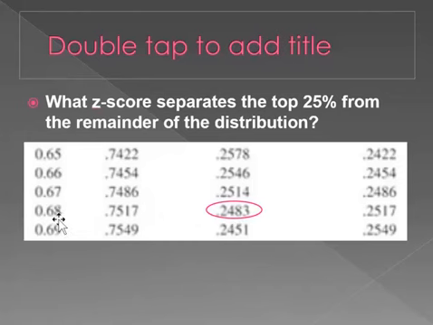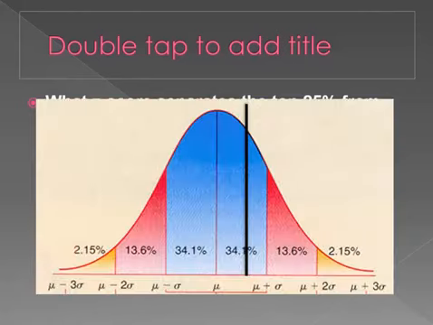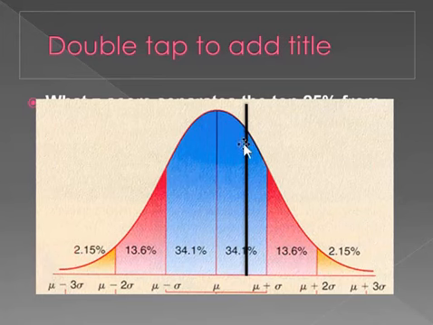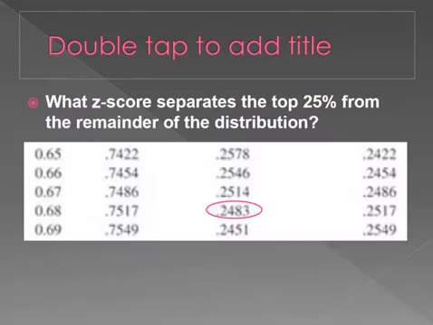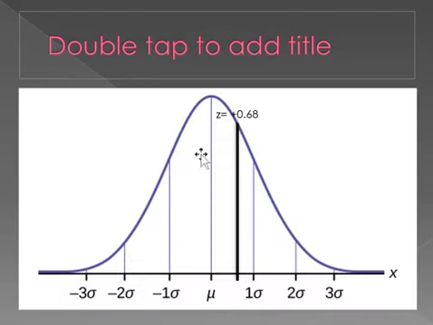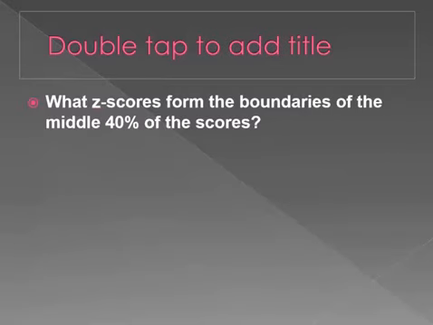And it turns out that the z-score that represents this area of the curve that separates 25% from 75% is plus 0.68. So I could label that here. So roughly a z-score of 0.68 is the mark in a distribution that separates the top 25% from the bottom 25%. Okay, that's pretty easy.